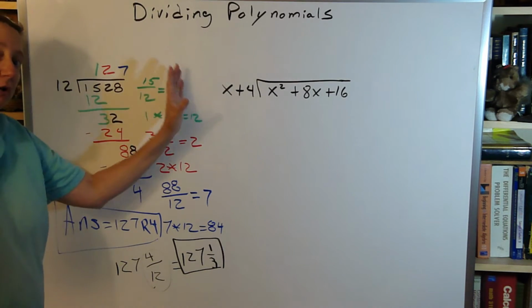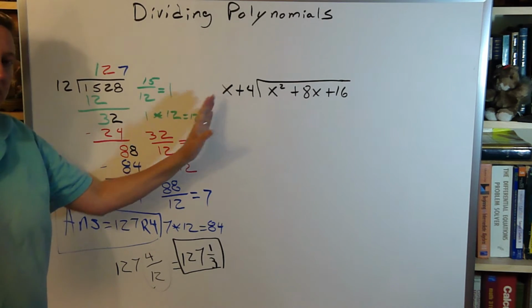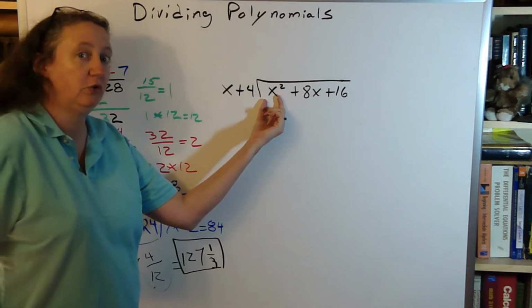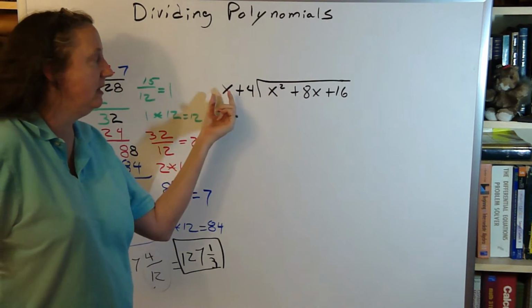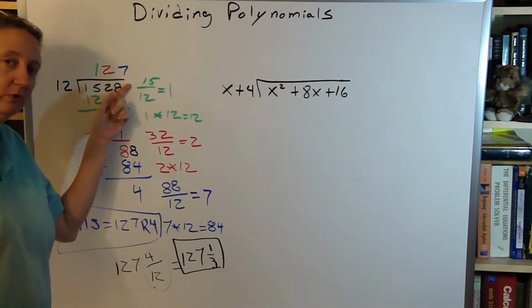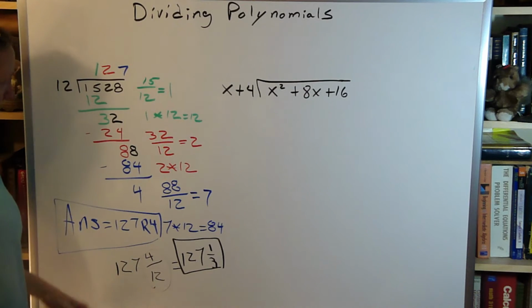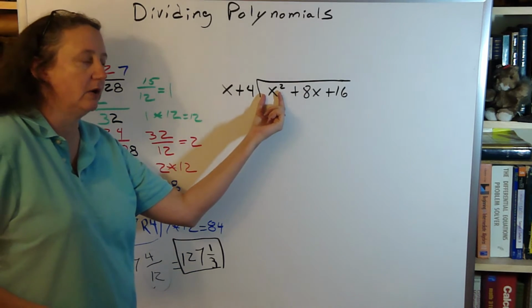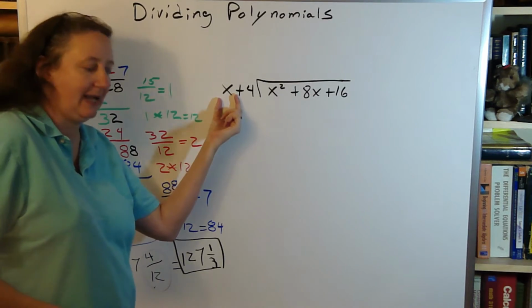It's a similar process over here, but we are going to take the first term divided by the first term, as opposed to what we did here. So I'm going to take x squared divided by x.